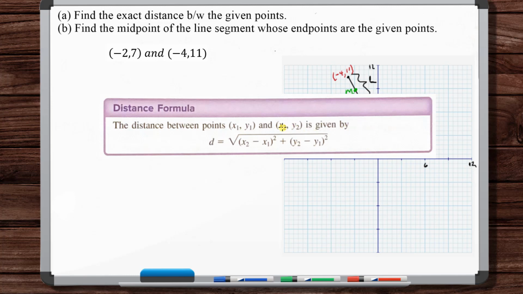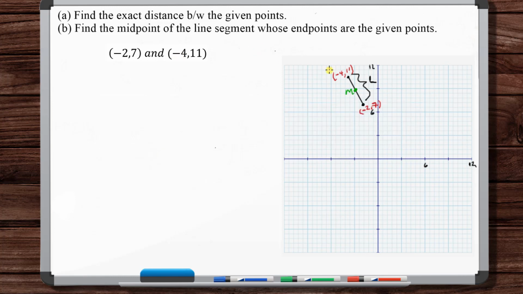In that video, we talk about how which point you pick to be point 1 and point 2 doesn't matter, and also the location and orientation of the line in the XY plane doesn't matter, as long as you properly use this general form with the negative signs of your coordinates correctly. Okay, so let's call this point 1 and this point 2. But again, you could make this point 2 and this point 1 if you wanted to.